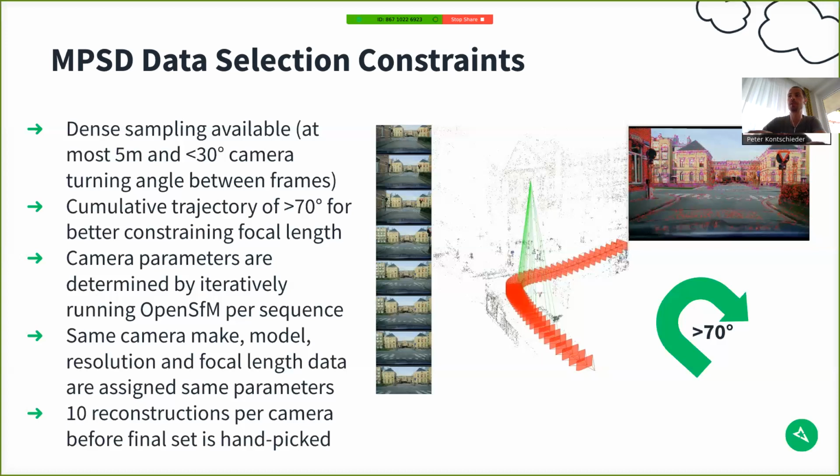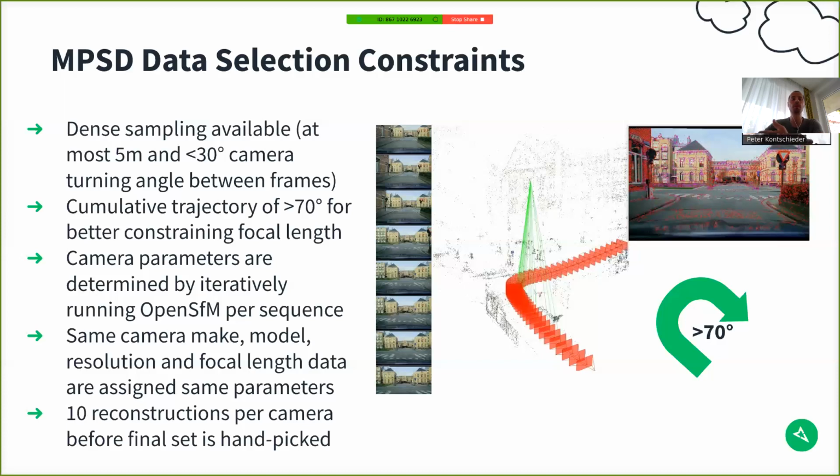We use OpenSFM, which we're a heavy contributor to, and apply a set of default intrinsic parameters. We, for example, set the focal length to 30 millimeters, and we assume no radial distortion. The focal length and the first two distortion parameters of the Brown model are then optimized during bundle adjustment. So we have a first iteration of SFM that then provides us with an initial set of camera parameters.